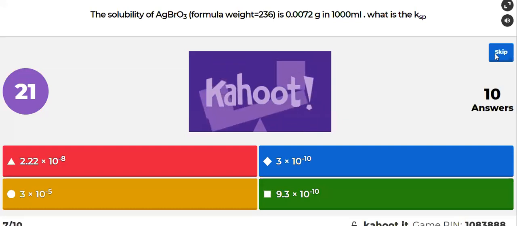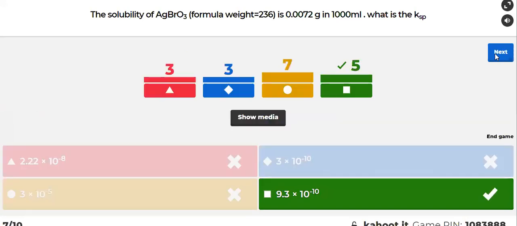Okay, Sneha. Only 5 answers, how come? See, solubility of AgBrO3.